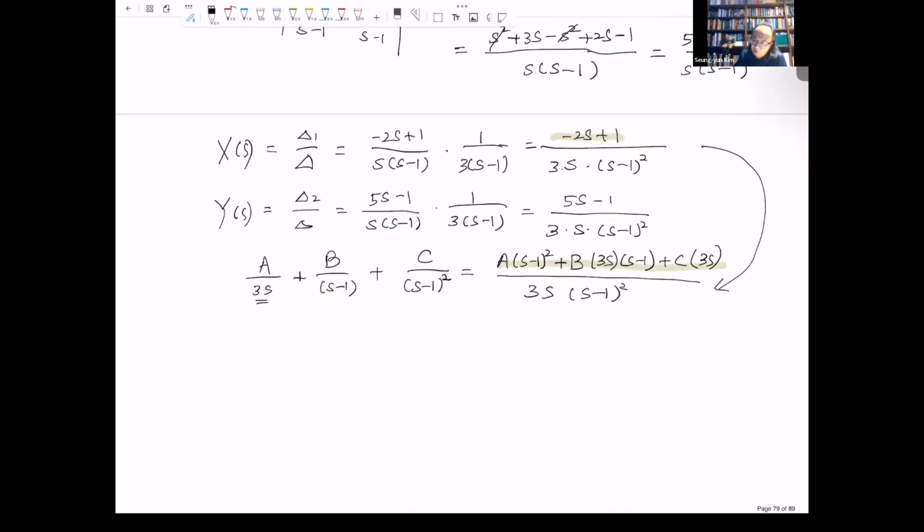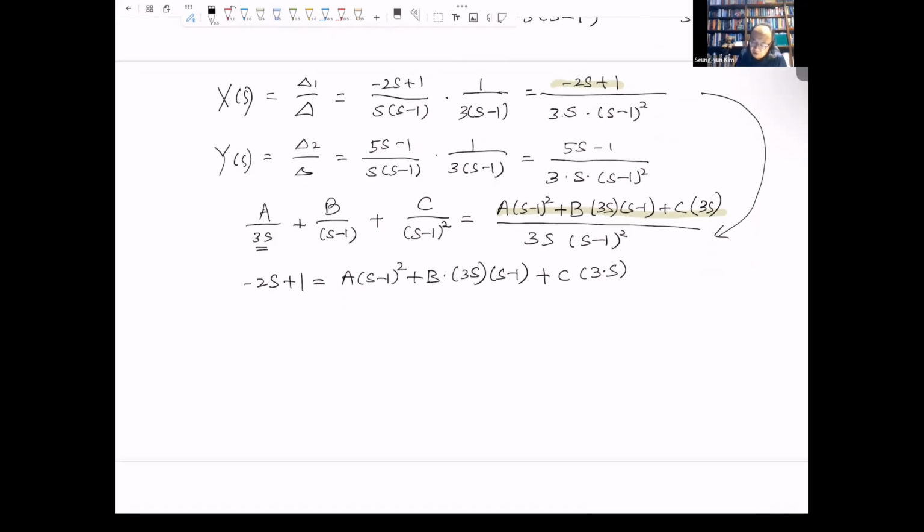So I'm going to write negative 2s plus 1 equals A times (s minus 1) squared plus B times 3s times (s minus 1) plus C times 3s. You can expand all of this and compare the s squared term, s term, and constant term.